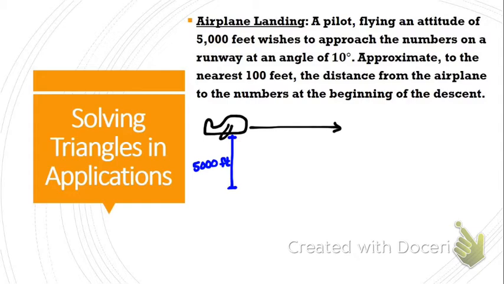Yes. I want you to think about yourself as the pilot on the plane. Would it be right under the airplane? Yeah. What you said is not wrong. I can go point to an angle that would be that exact same degree. So this right here is 10 degrees.